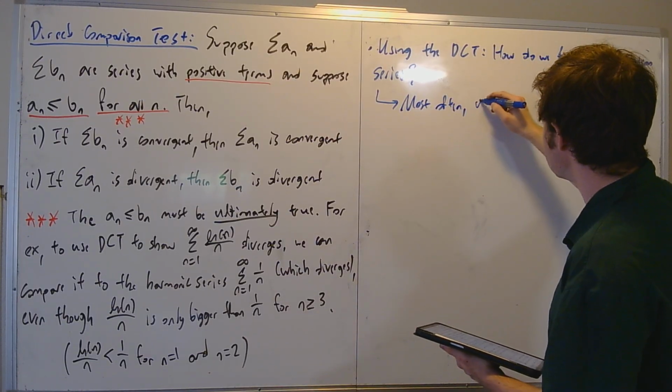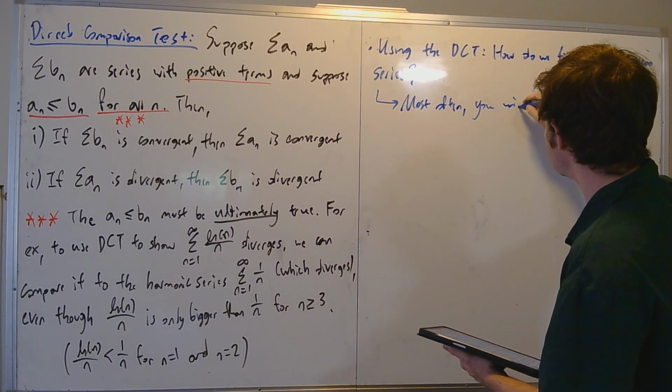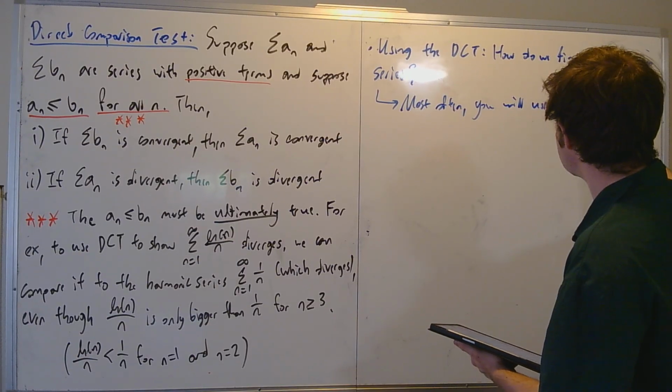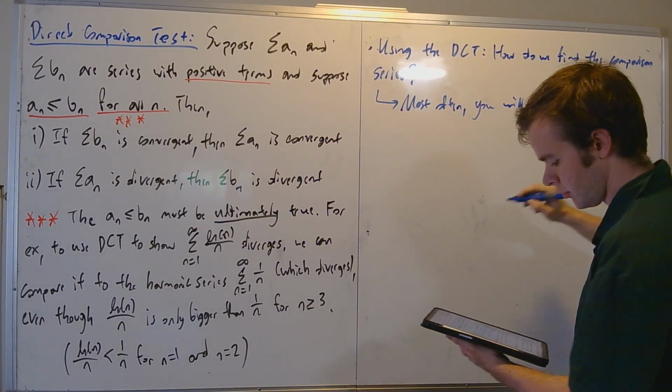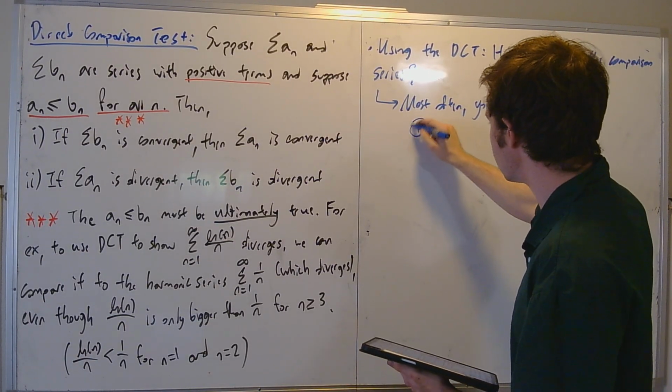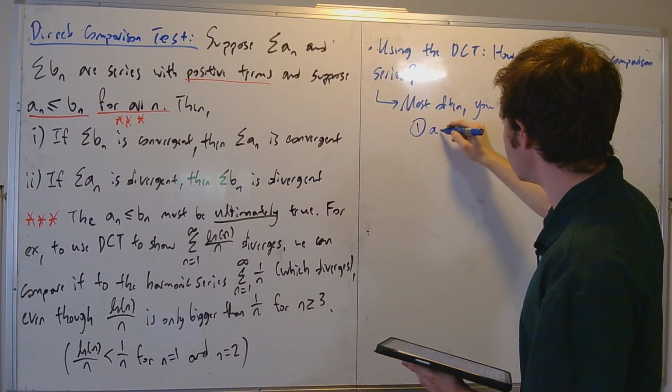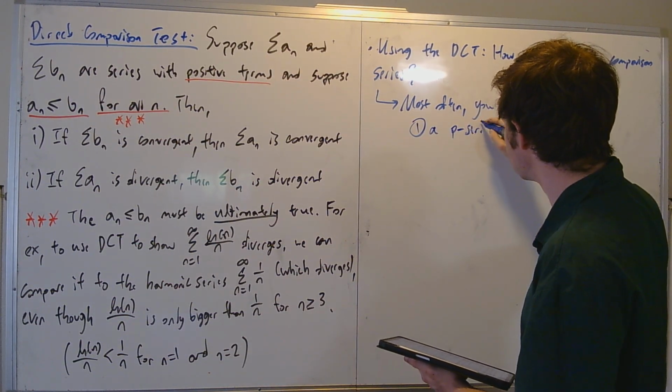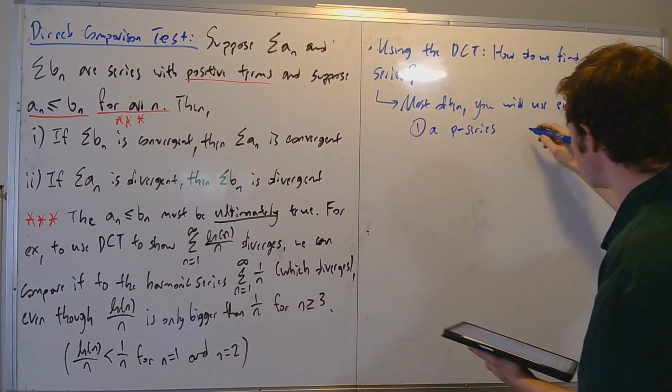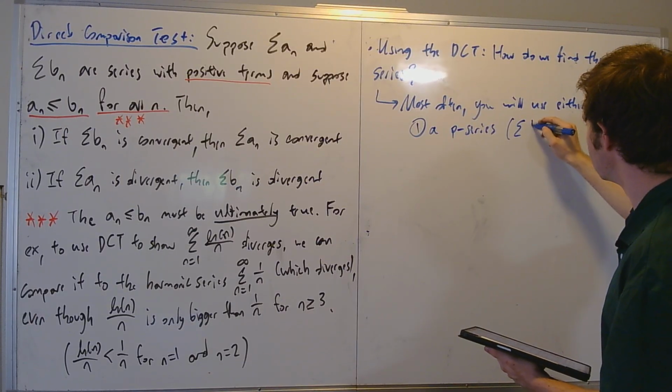you will use either number 1, which is going to be a p-series, which we said was the sum of all of these 1 over n to the power of p's.